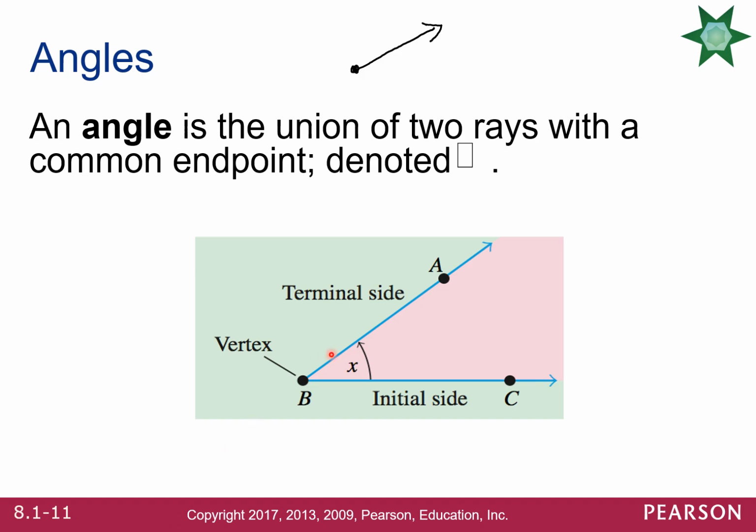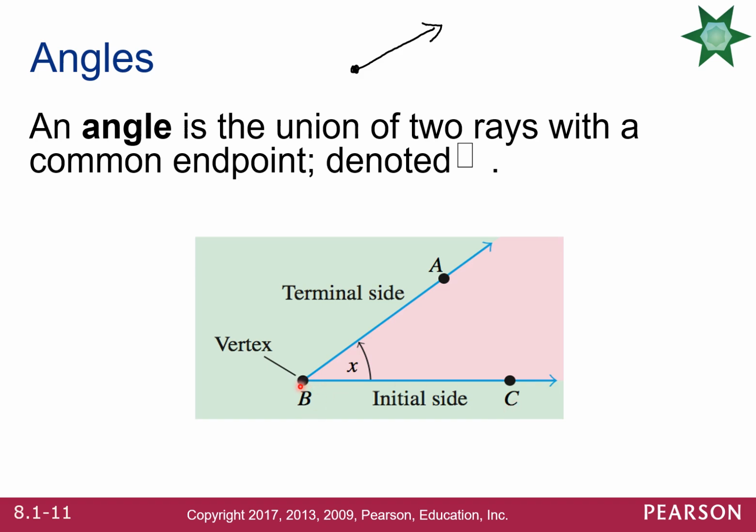That's the definition of a ray. It starts at a single point and extends indefinitely in one direction. Angles are formed by two rays intersecting at a common point. So here in this figure, we have 3 points.